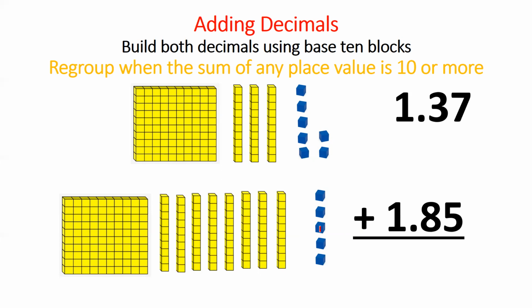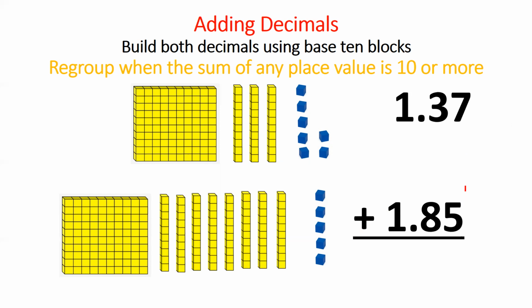The important thing to remember is that you're going to regroup when the sum of any place value is 10 or more. So let's add. I have 7 hundredths here and 5 hundredths down here. I'm going to add those together, 5 plus 7.